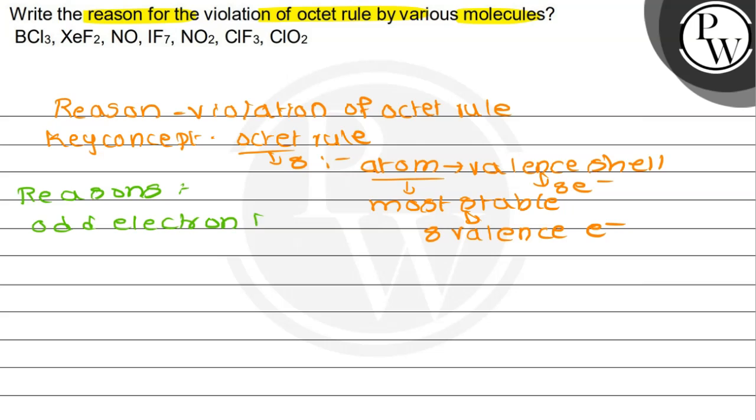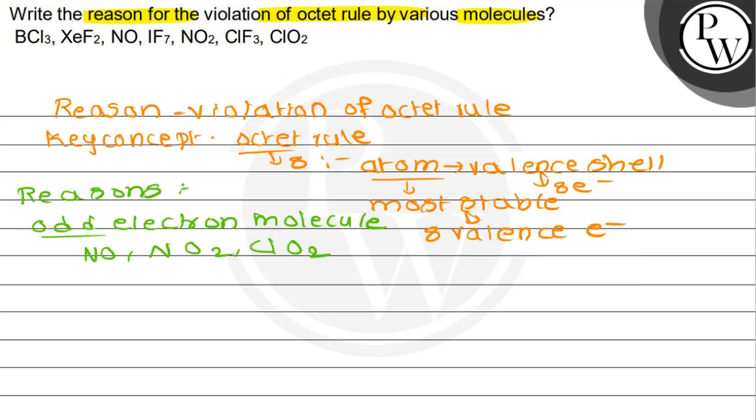So the first reason here is odd electron molecule. That means the odd number of electrons around the atoms. For example, odd electron molecules NO, NO2. Odd means odd number of electrons around the molecule. For example, NO, NO2, ClO2, etc.